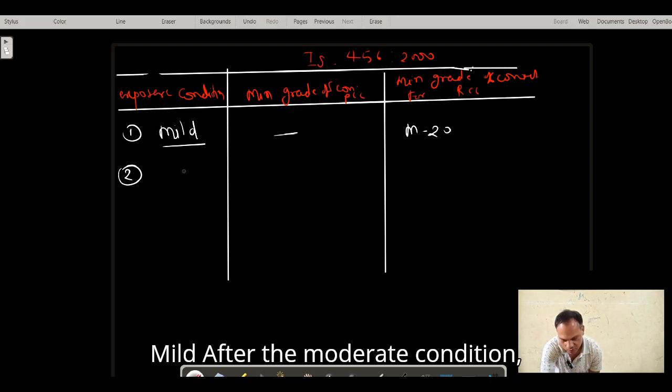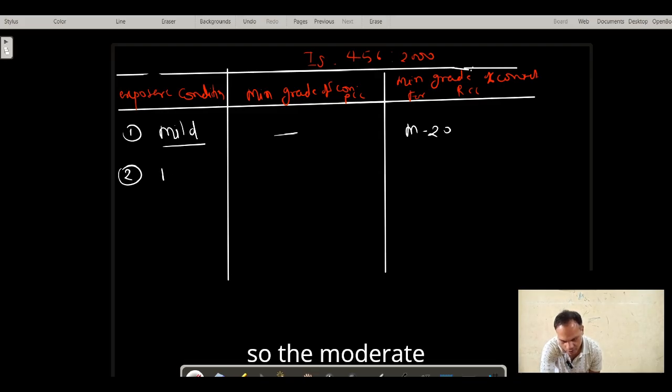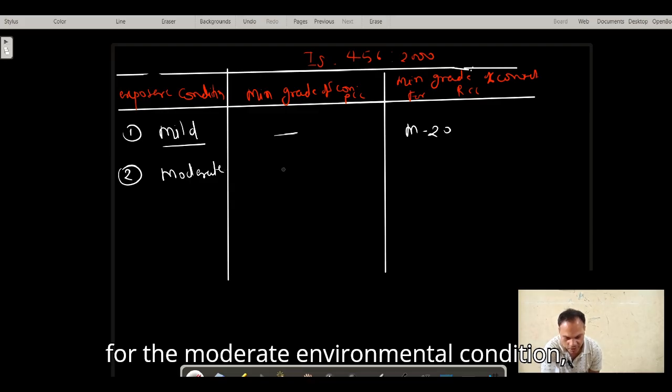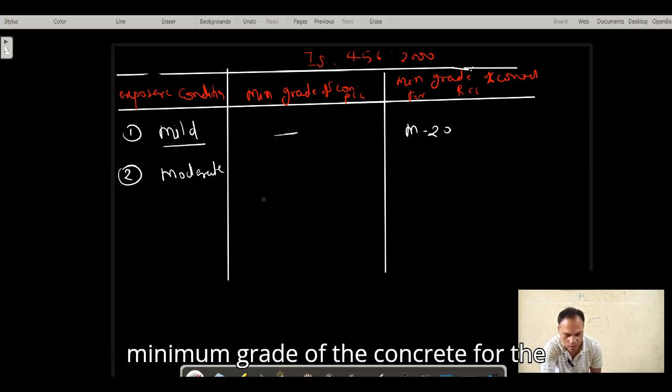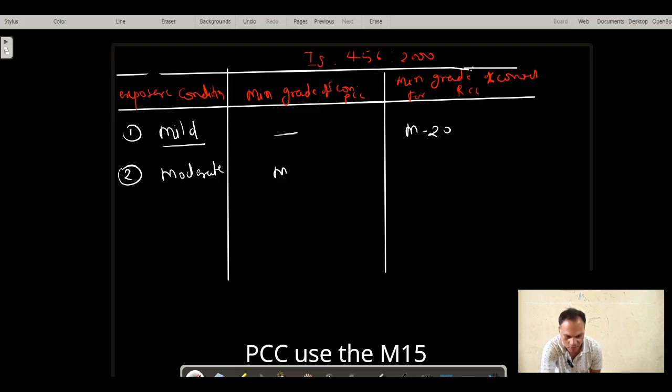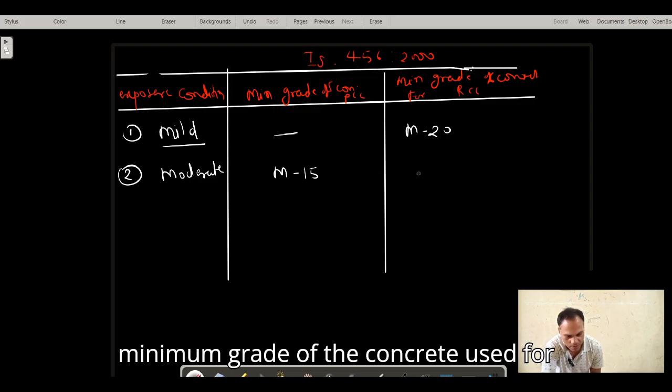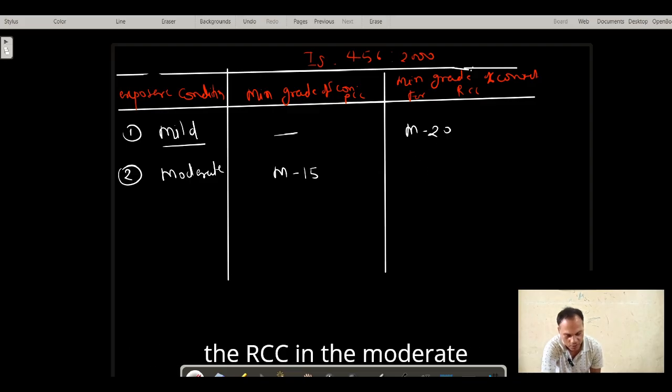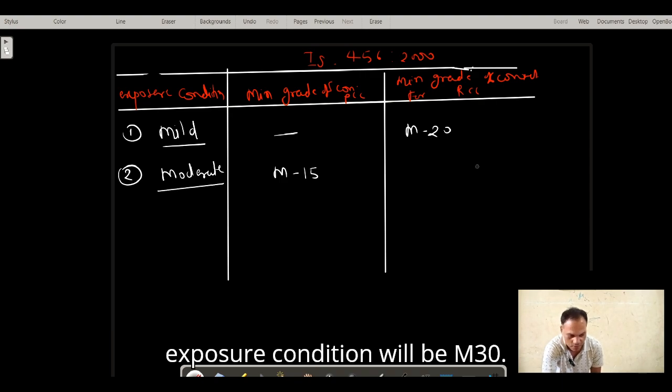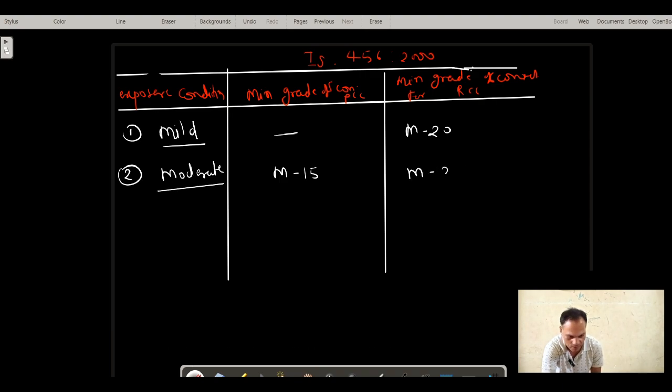After mild, the moderate condition. For the moderate environmental condition, the minimum grade of the concrete for the PCC is M15, and the minimum grade of the concrete used for the RCC in the moderate exposure condition will be M30.